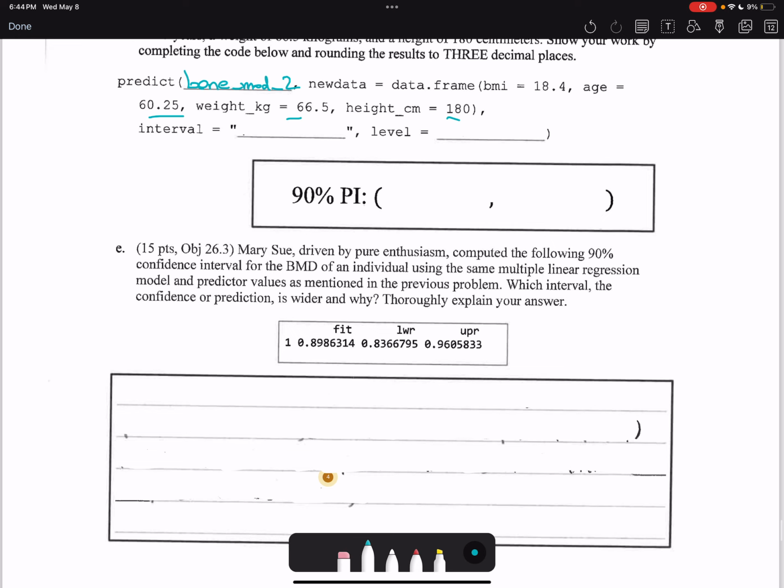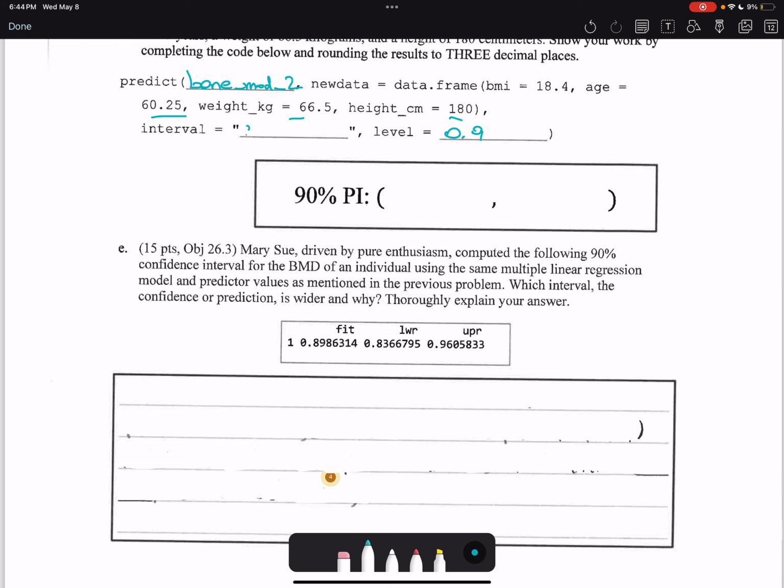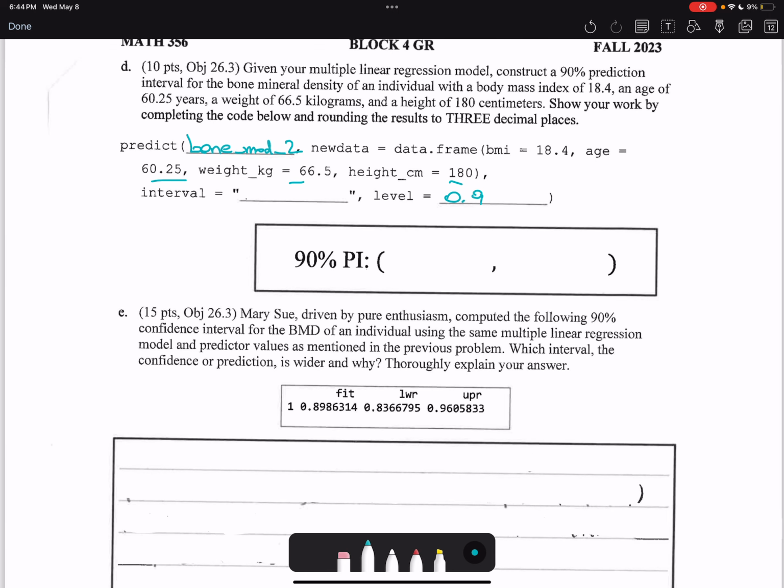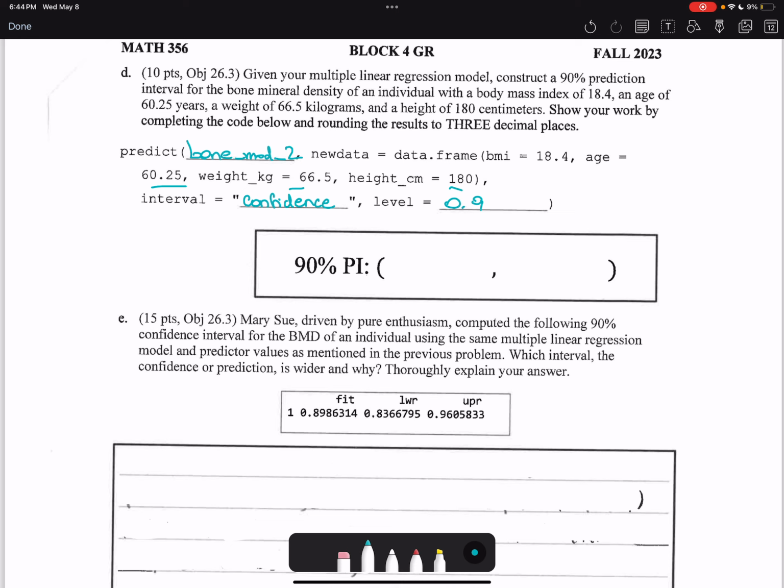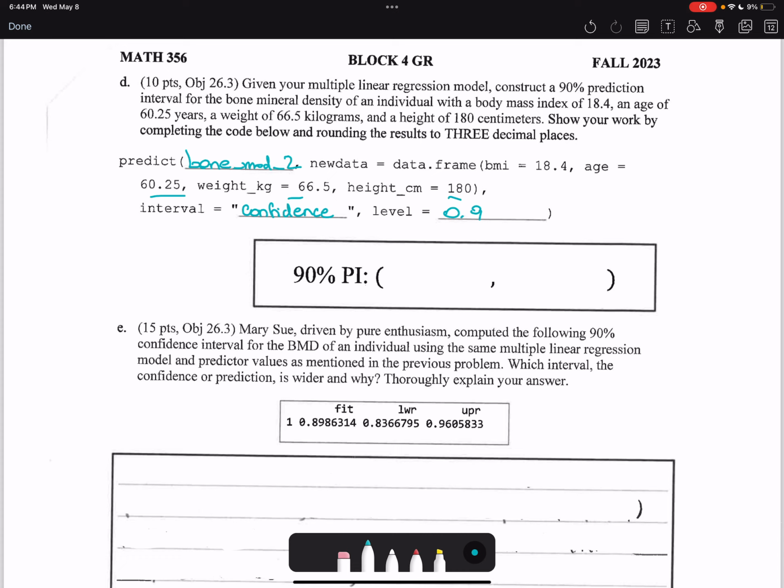You want the level to be 0.9. An interval should be confidence, not prediction. I don't remember what the wording is specifically if it's not confidence. So there's something to look up. What is the counterpart? Prediction or predict? I don't remember.